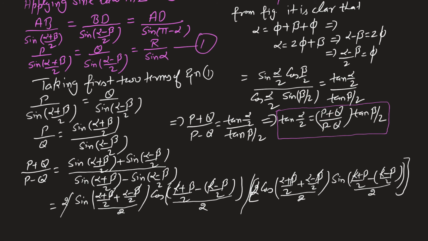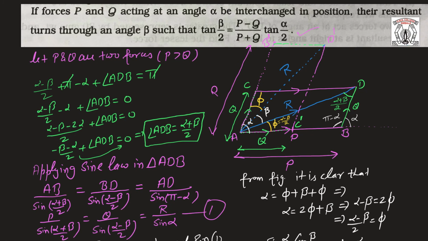So we can also write it as tan beta by 2 is equal to (p minus q) by (p plus q) tan alpha by 2. So this could also be written something like that. Okay, so this is the result. So this is another form of this one, and this was asked in the question. So you will see tan beta by 2 is equal to (p minus q) divided by (p plus q) tan alpha by 2. You will see this was required to prove in the question.